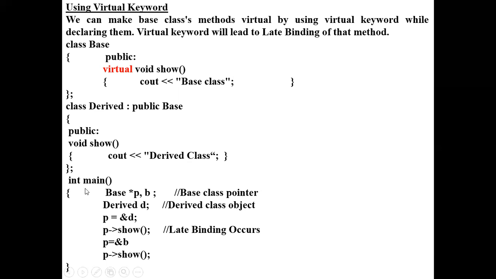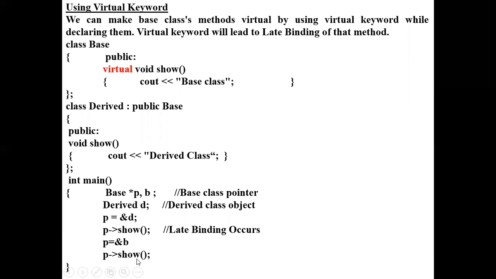Now what will happen in the main function when we use base class pointer p, and we have made an object of the base class also, and an object d of the derived class. Here when we assign the address of d, the derived class object, to pointer p, it will show the show function of the derived class. After that, I am assigning the address of the base class object b.